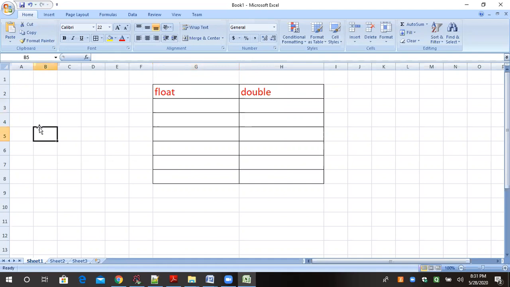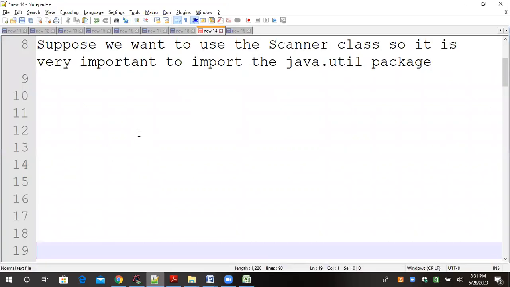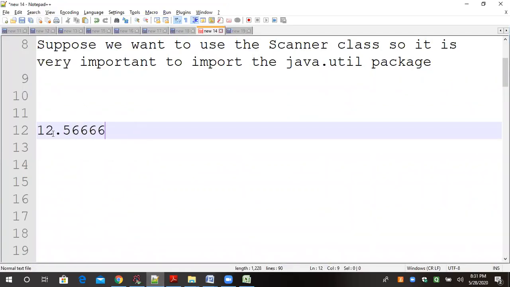Whenever we put any fractional value, this is the integer part and this is the fractional part, and this is called the precision.